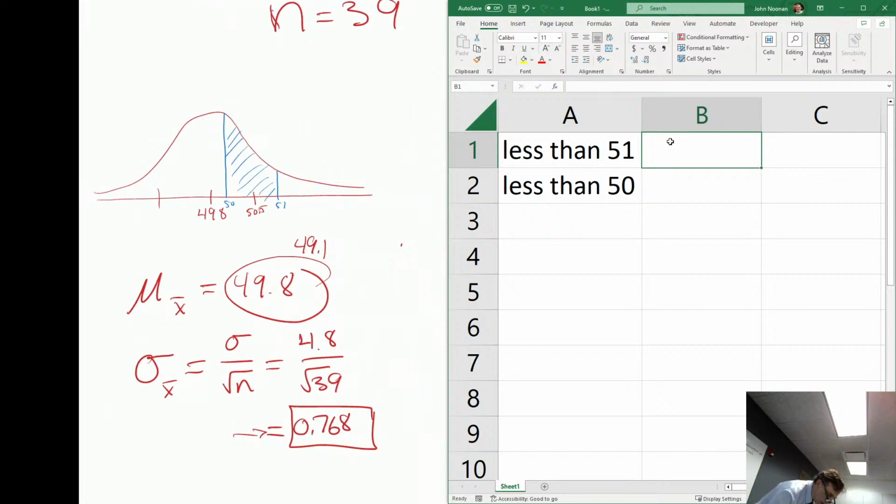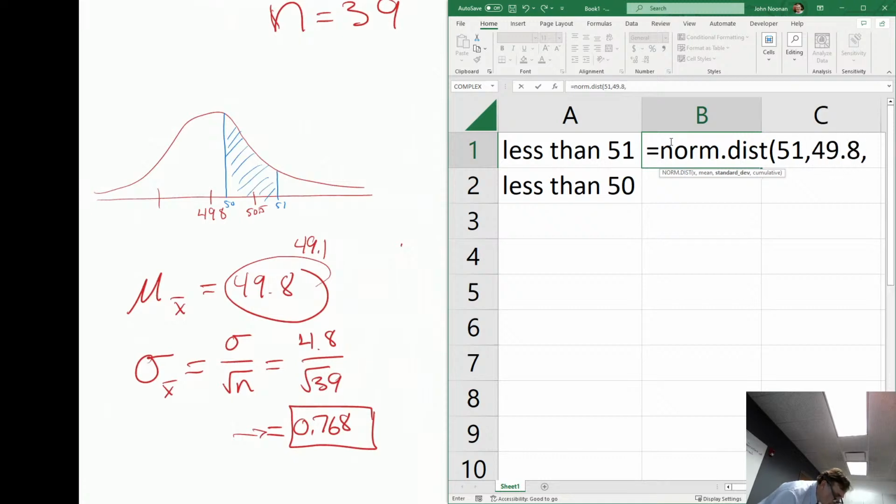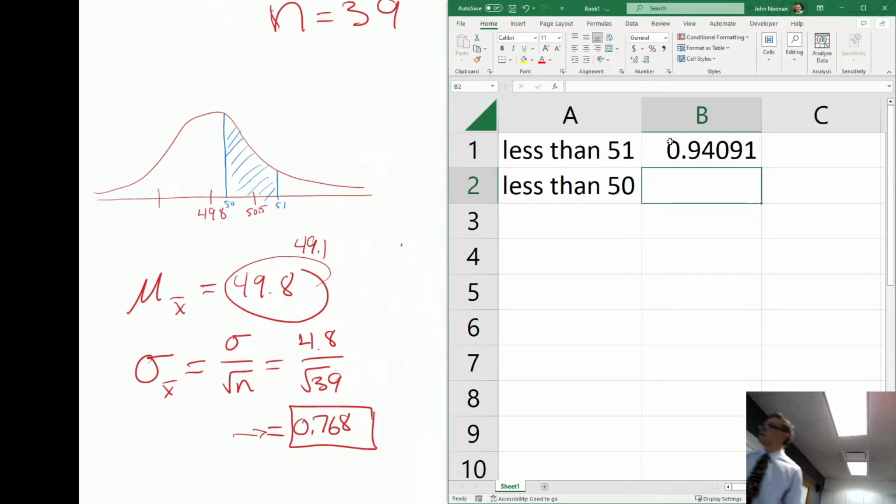So you do equals NORM.DIST, and then we have 51, 49.8, 0.768, and TRUE. So that's going to be the area to the left of 51.